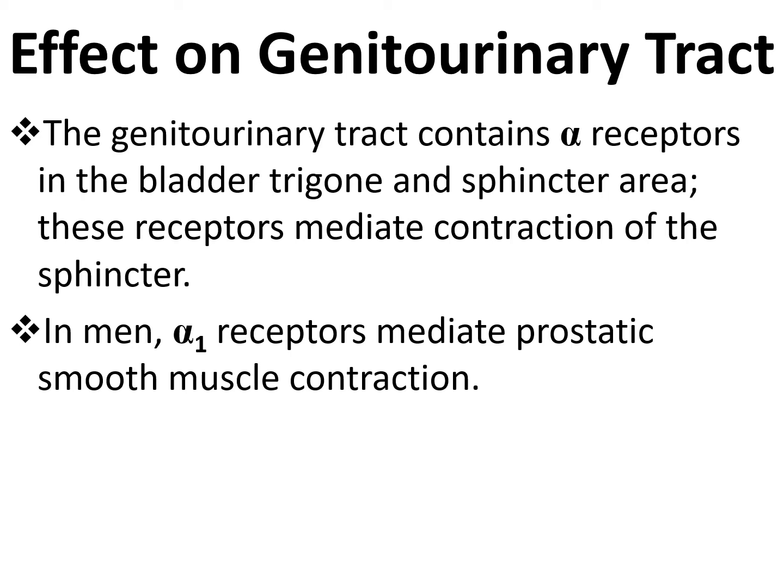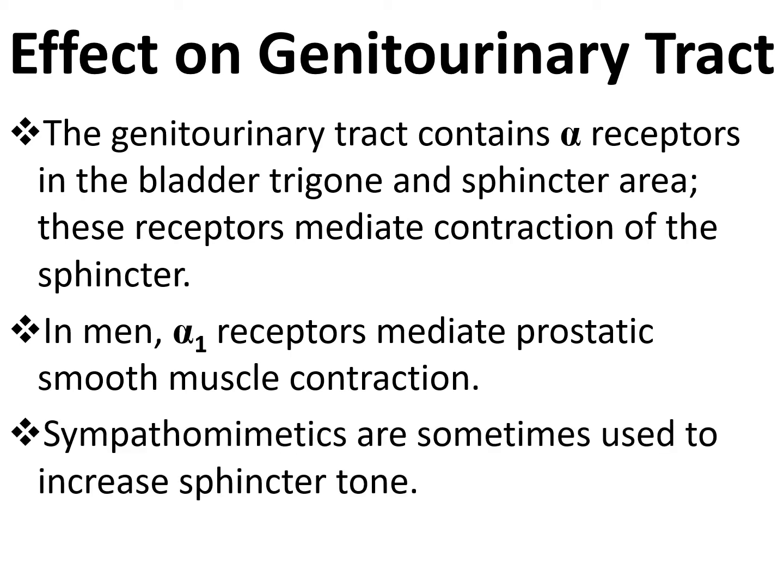So in the elderly, any prostatic enlargement which leads to hindrance of urine flow, generally called benign hypertrophy of prostate, is generally addressed with an alpha-1 receptor blocker like tamsulosin. We will discuss all those things. These drugs are sometimes used to increase sphincter tone.